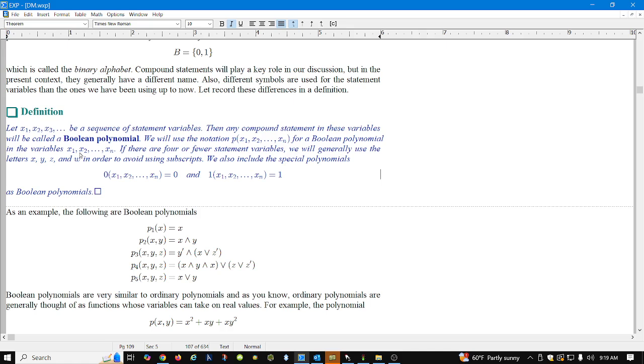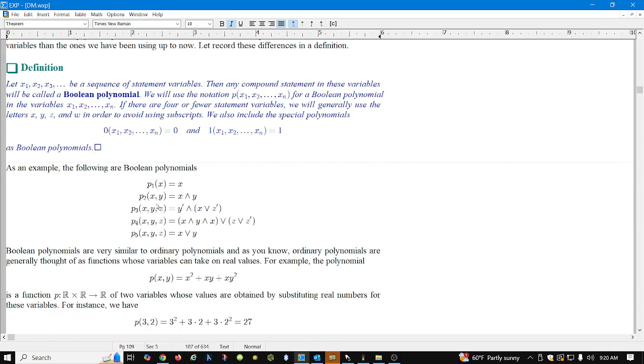And there are two special polynomials. The zero Boolean polynomial of n variables is simply 0 and the one polynomial in n variables is simply denoted by 1. These will be considered Boolean polynomials, 0 and 1.